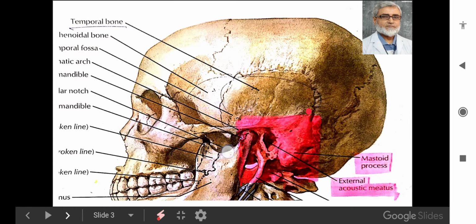This is the styloid process. Under the temporal bone, especially the petrous part, your middle ear and internal ear lie. So come to the next slide.